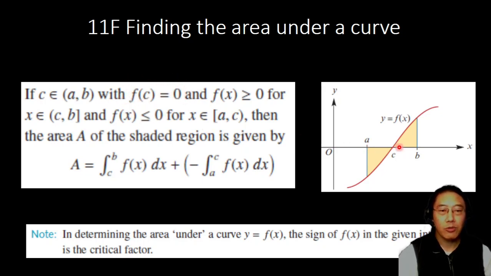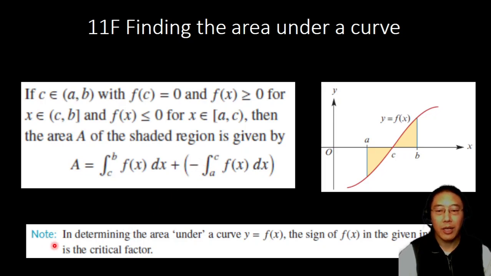The function is negative from a to c and positive from c to b, so to determine the area, the positive section from c to b is that integral, and from a to c you will take the opposite.